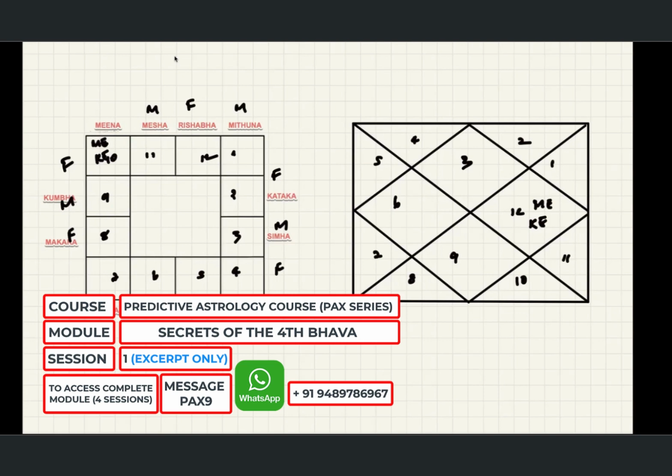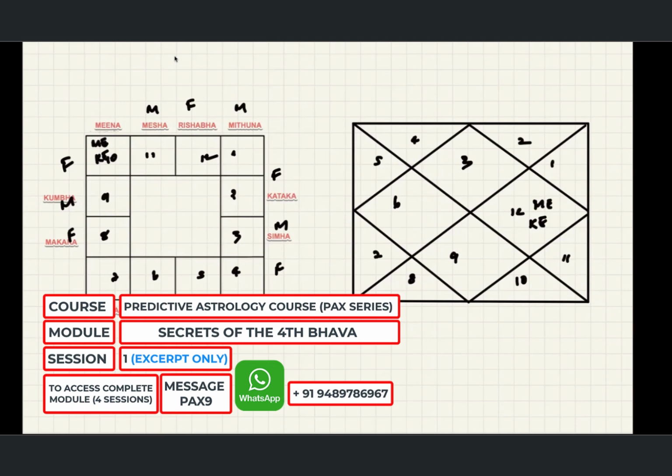You have mula trikona, again that is important. Then you have swarashi, its own sign. Equal to the mula trikona, or perhaps even more, the grahas getting into a dikbala function means they are very adamant about what they want. Adamant in a positive way.